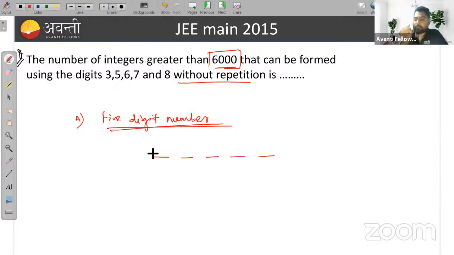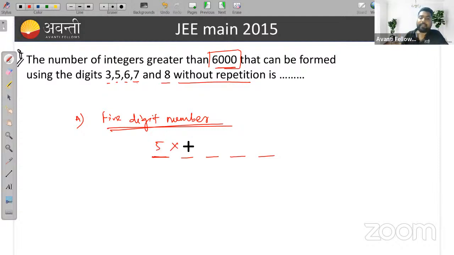So for the first place we have 5 options: 3, 5, 6, 7, 8. That means 1, 2, 3, 4, 5. We have 5 digits, and we know that each and every 5-digit number will be greater than 6,000. So for the first place we have 5 options.